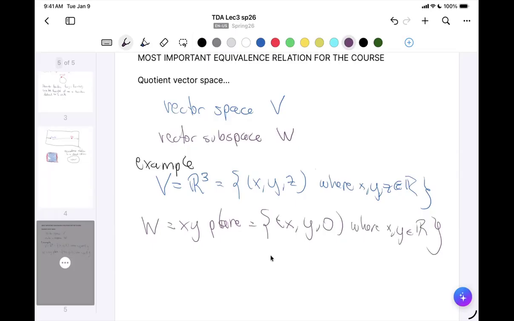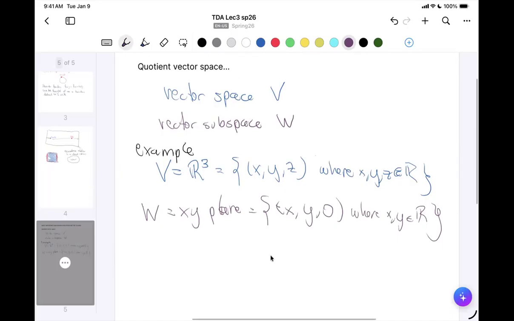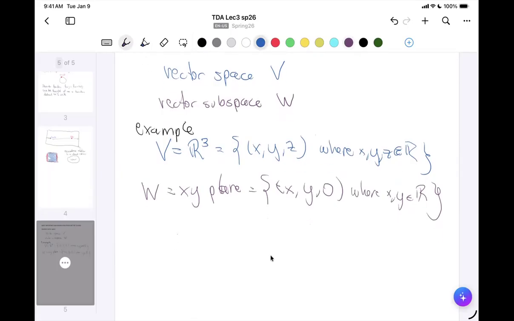If you wanted to draw a picture, in this case R3 would be the entire three-dimensional space, so I'll draw the XYZ axes to represent all of R3, all of 3D space. And then W sits as the xy plane, which is the usual one from Calc 3.